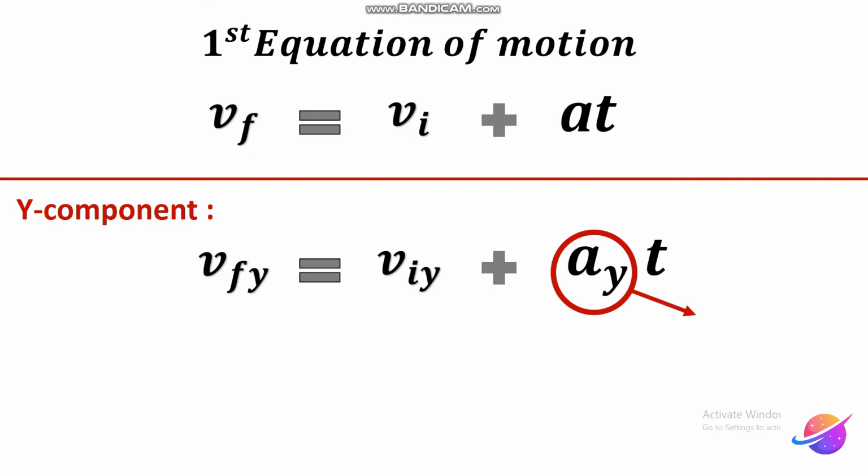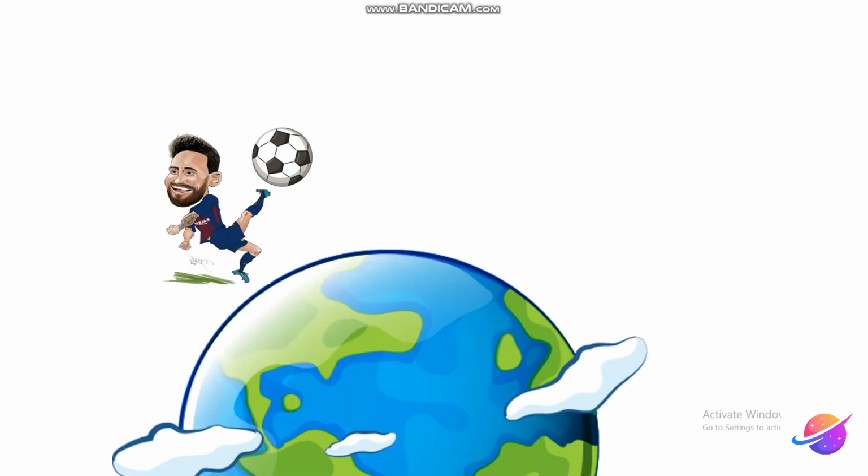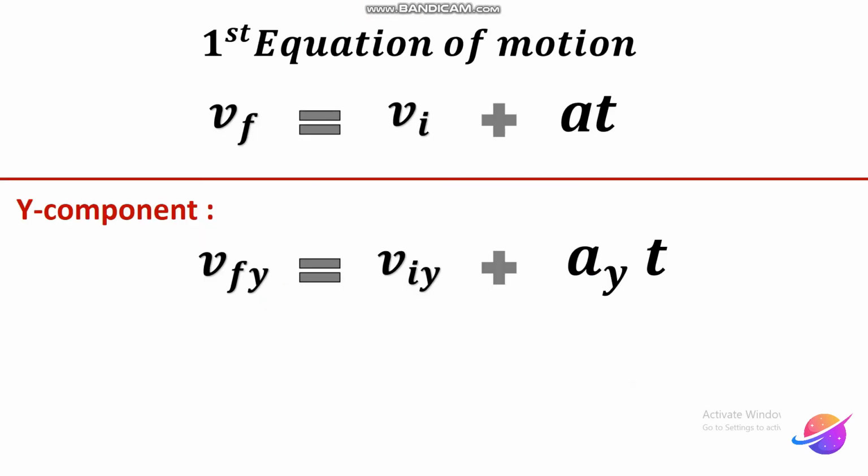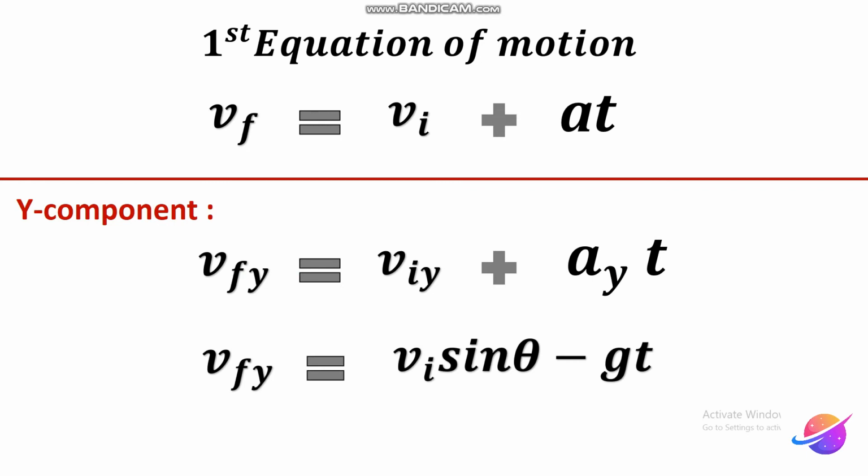From the trigonometric ratio, it becomes Vi sin theta. And what is Ay? According to the convention, we take a positive sign when things are going down. But here, we're making the ball go up against the Earth's gravity, so we'll take a negative sign with it. So it will become Vfy is equal to Vi sin theta minus gt.